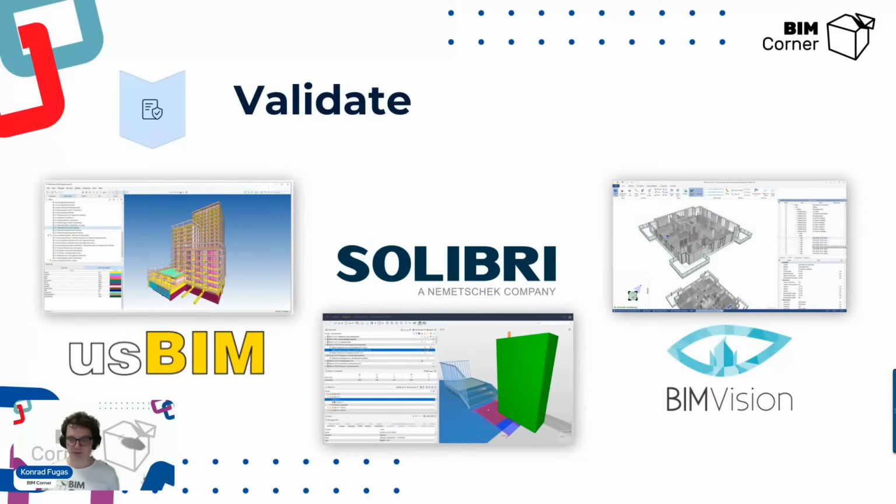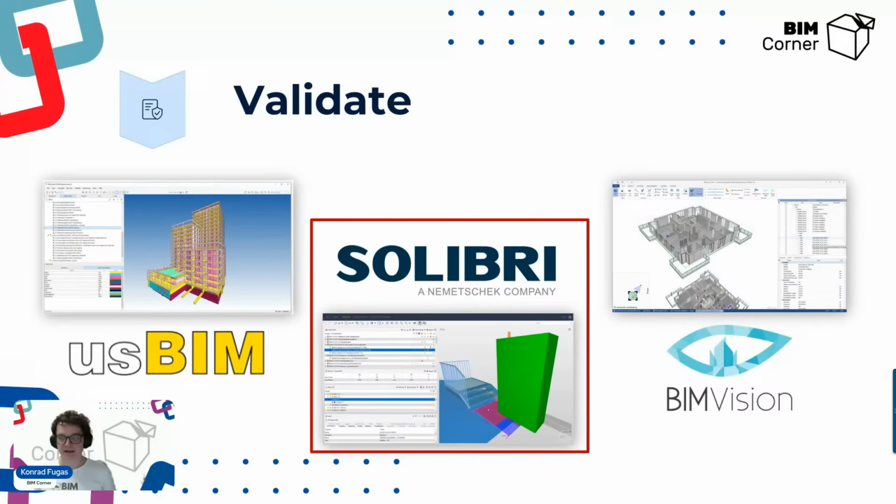The three most popular that I know of are ASBIM, Solibri, and BIM Vision. I personally use Solibri. Drop us also in the comments some other tools you know that also support IDS validation. And I mean IDS validation, not only creation. Yes, so we run the check and go through the results, creating issues.